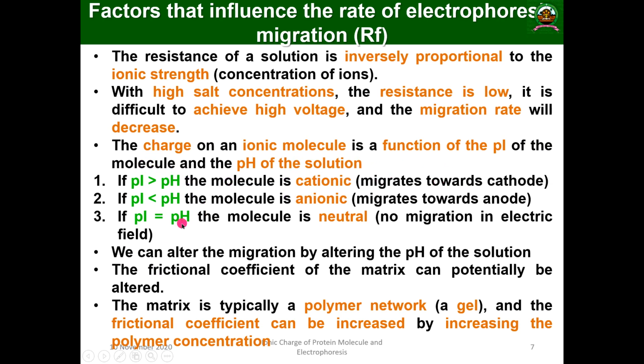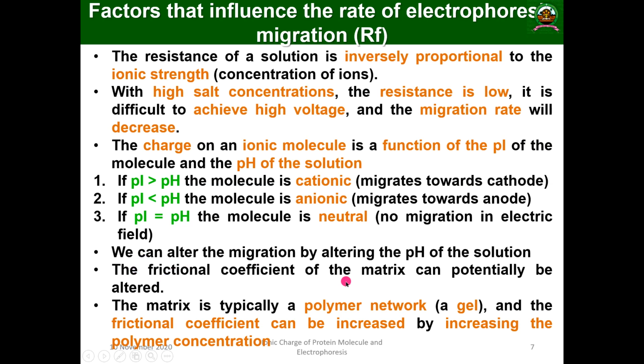If pI is less than pH, then the molecule is anionic, which migrates towards the anode. If pI is equal to pH, then the molecule is neutral, and no migration in the electric field takes place. Thus we can alter the migration by altering the pH of the solution.